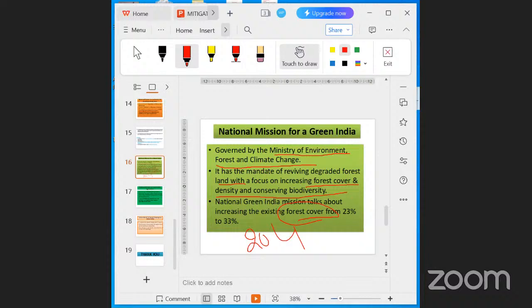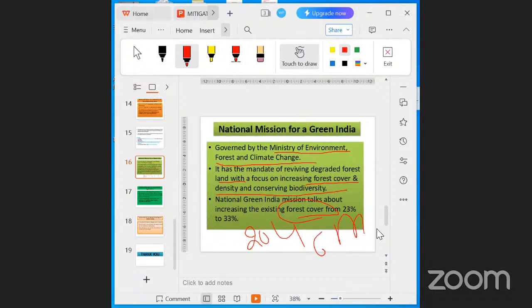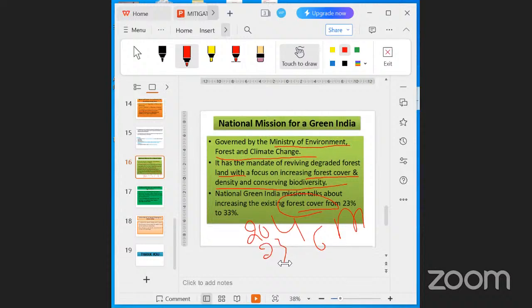As a part of this mission, it promotes afforestation of around how much? 6 million hectares of degraded lands. And it also talks about increasing the existing forest cover from 23% to 33% of the total land area, right?